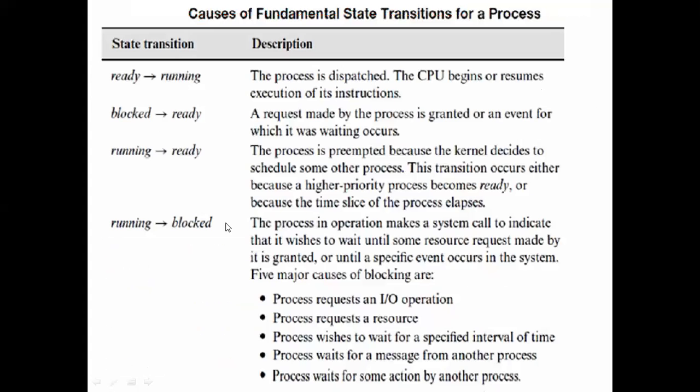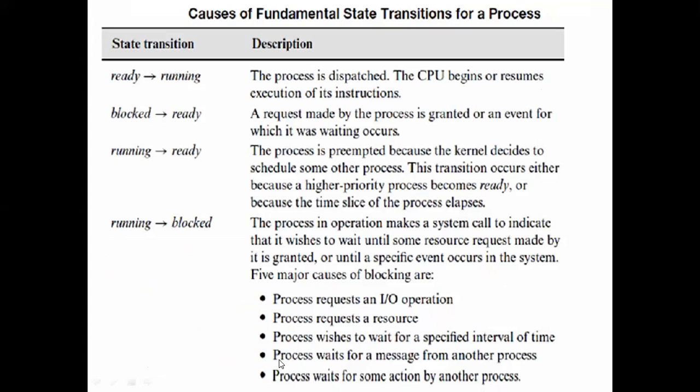And next is the causes of fundamental state transition for a process. Under what conditions can any process, say the P1 process, be switched to another state? Based upon what reasons can you expect a process to have state changes or state transitions, that we will see next.